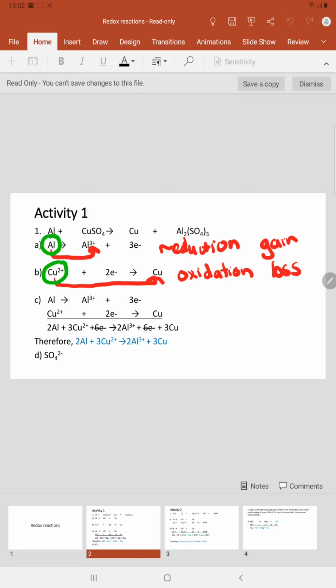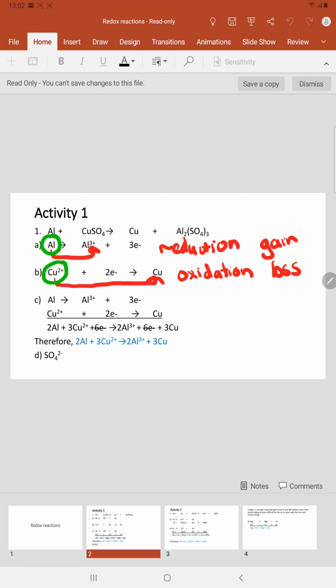Question C says, write the equation for the net reaction taking place. This is easy. We now have the reduction half reaction and the oxidation half reaction. We write them together. In order to find the net reaction, we need to ensure that the electrons are equal to each other and therefore can be excluded from the equation.